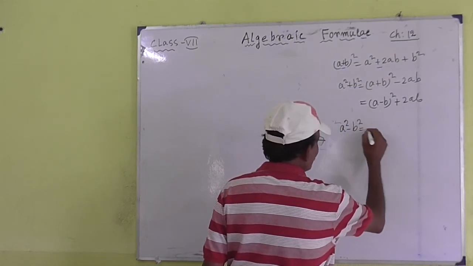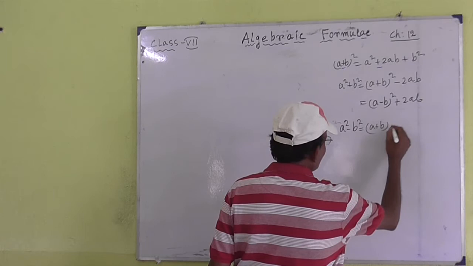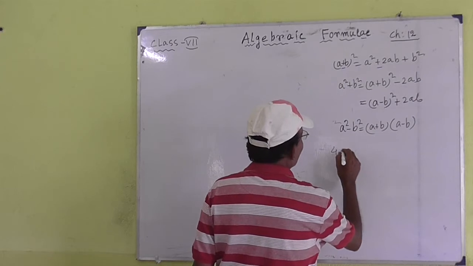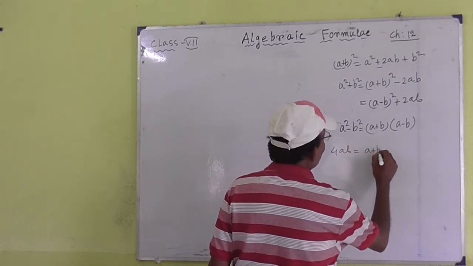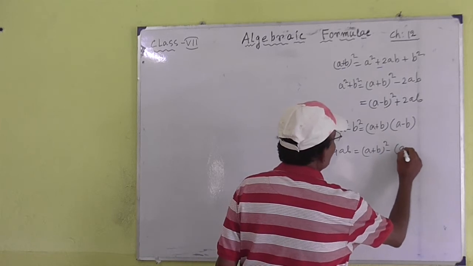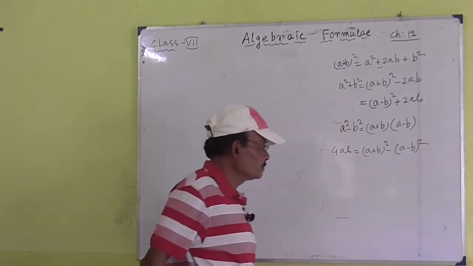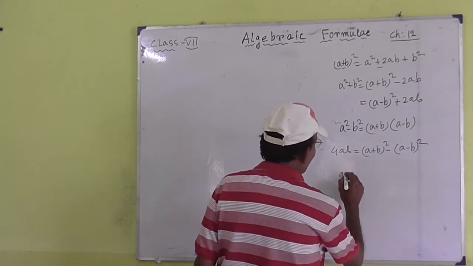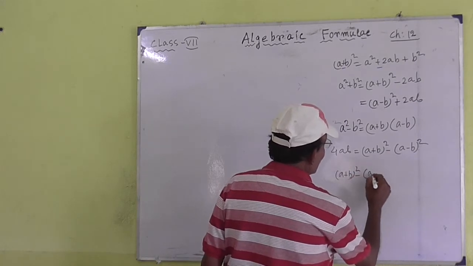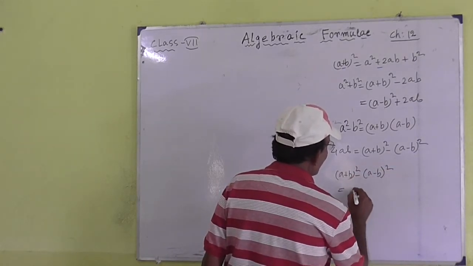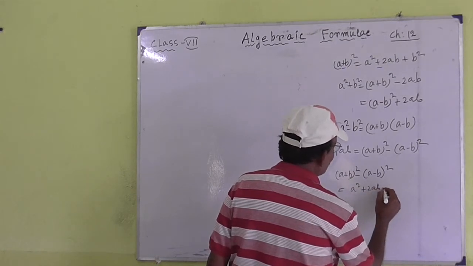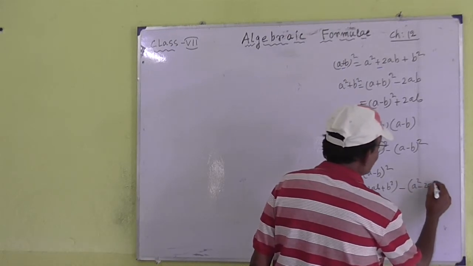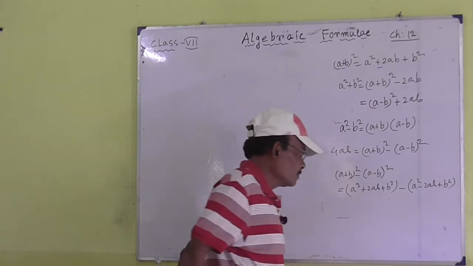A square minus b square equals a plus b into a minus b. 4ab equals a plus b whole square minus a minus b whole square. If we expand a plus b whole square minus a minus b whole square, it will be a square plus 2ab plus b square minus a square minus 2ab plus b square.